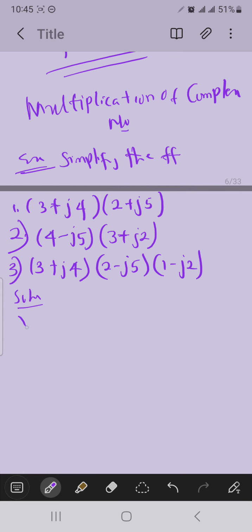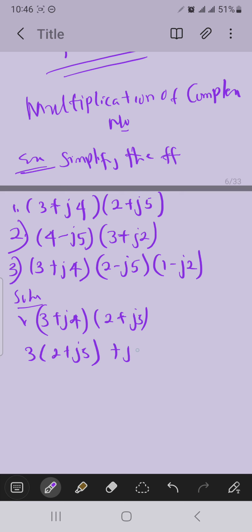The first question, I was just told to multiply this by this. So just do it like this. Let's say 3 into bracket 2 plus j5 plus j4 into bracket 2 plus j5.